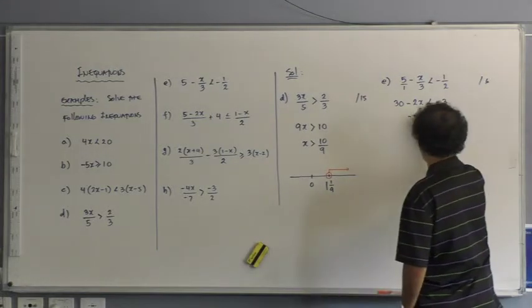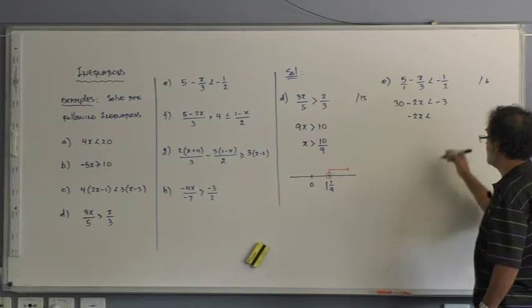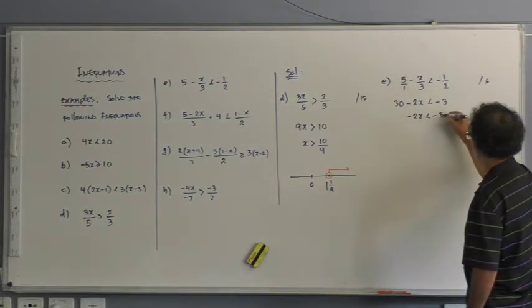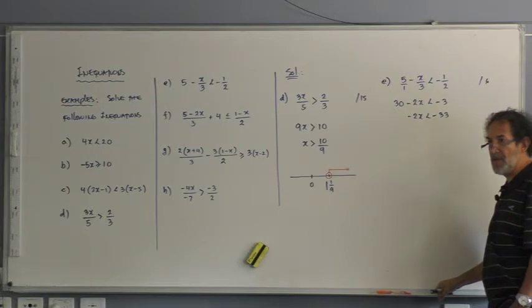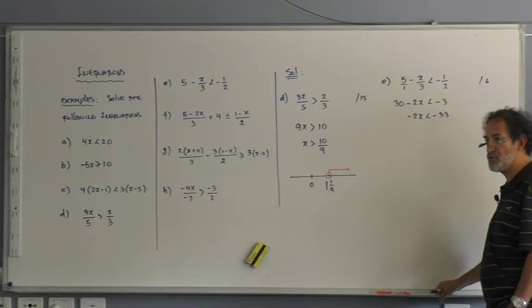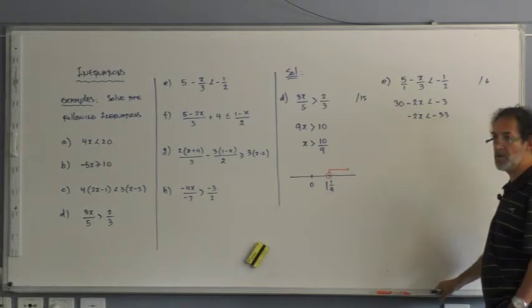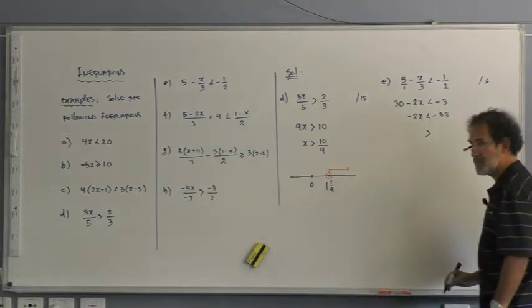So we're going to have minus 2x is less than negative 33. All right, and then we are going to divide by negative 2. So what is going to happen? We're going to switch the sign around.